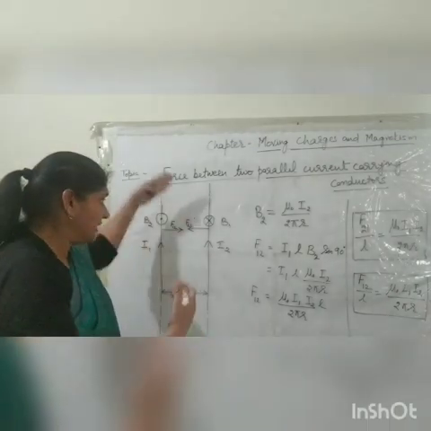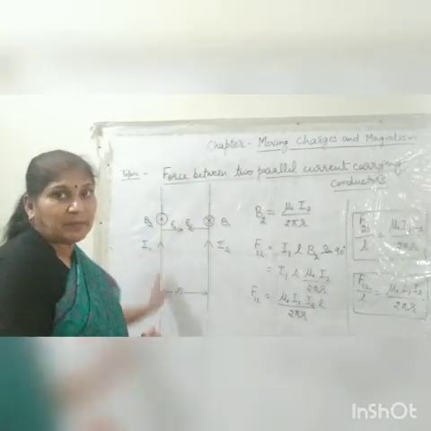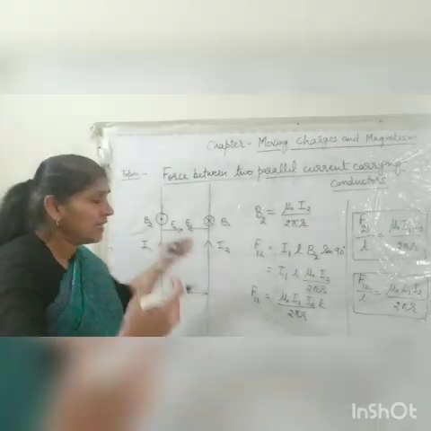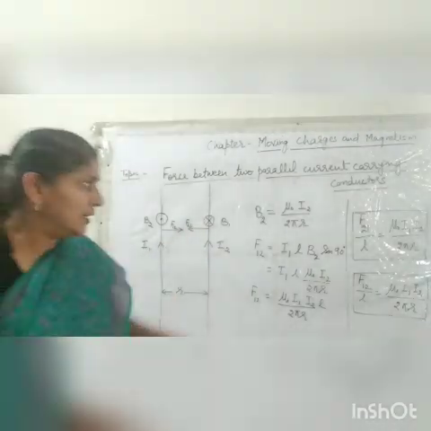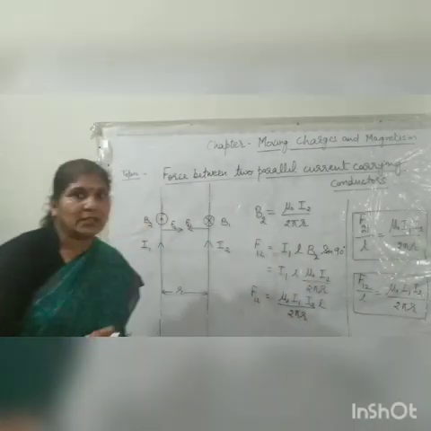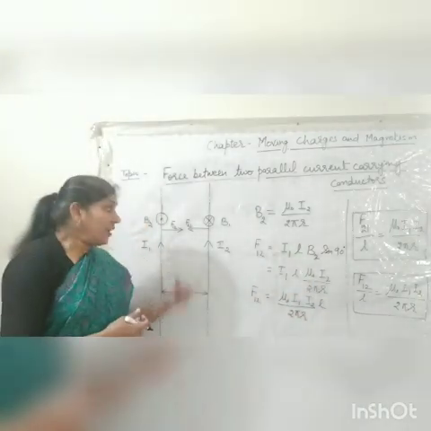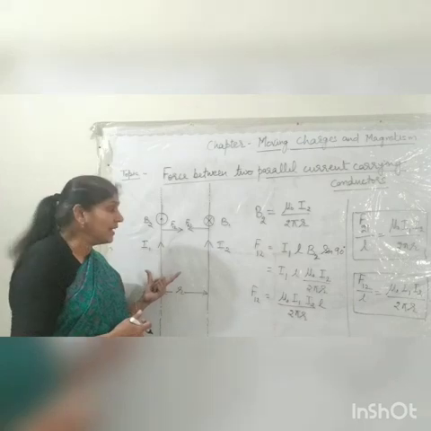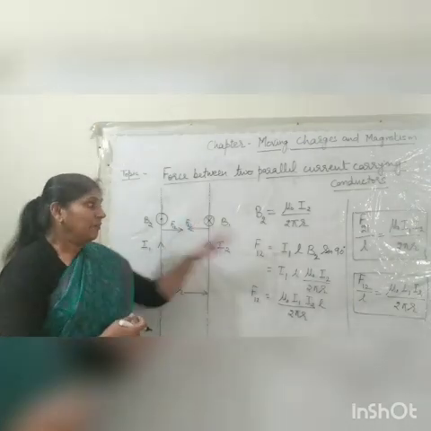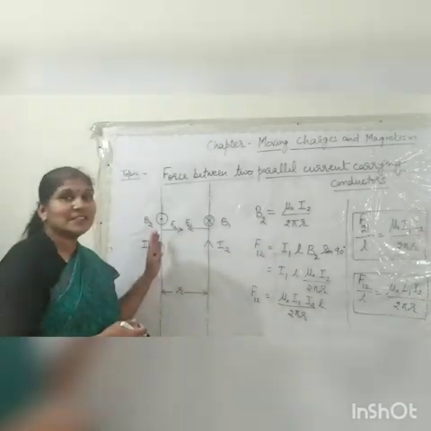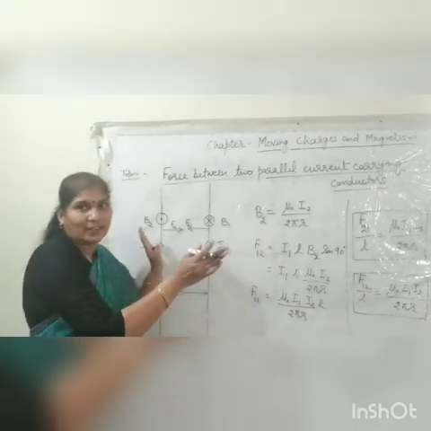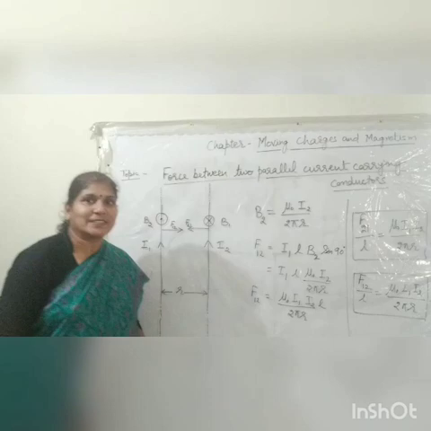It means if currents are in the same direction in parallel conductors, then these two conductors will attract each other. These are the expressions. Now if the currents are in opposite directions, then the magnitude of forces will be the same but the directions will be outward. That we can also discuss.